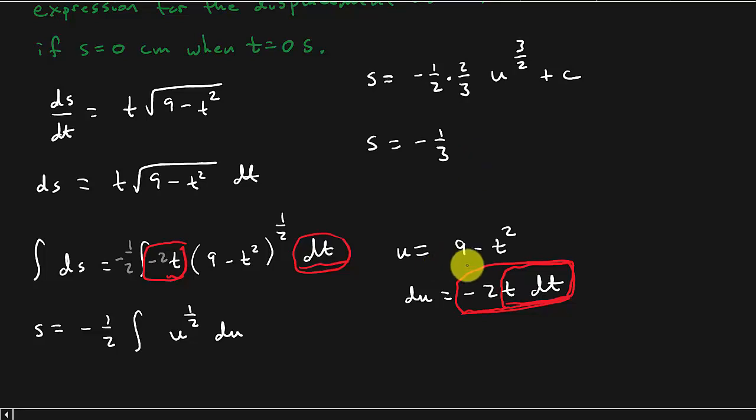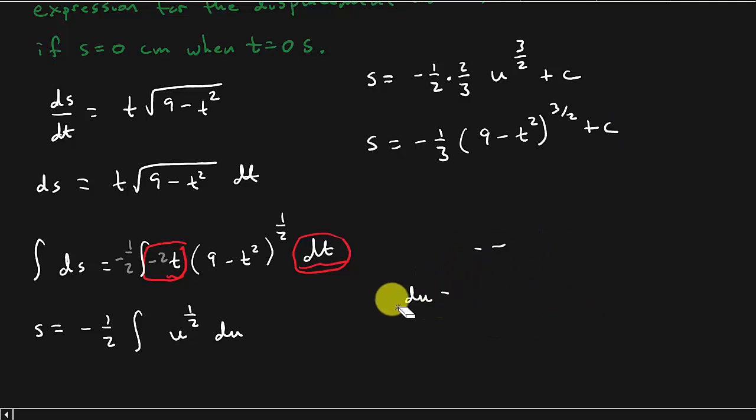So I'm going to plug this back in for u. So that's 9 minus t squared to the 3/2 plus c. Now let me erase this. We've got a little more work to do.